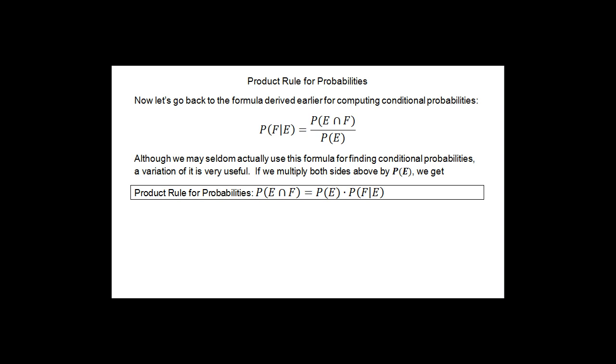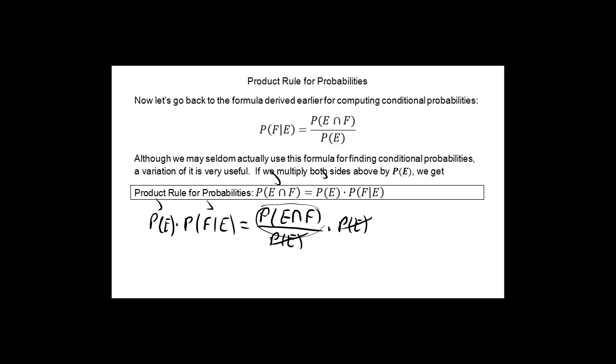And all I did to get that, not that you have to be able to derive it, is I took the original equation and multiplied both sides by the probability of E. And when I do that, I get the probability of E intersect F is equal to the probability of E times the probability of F given E.